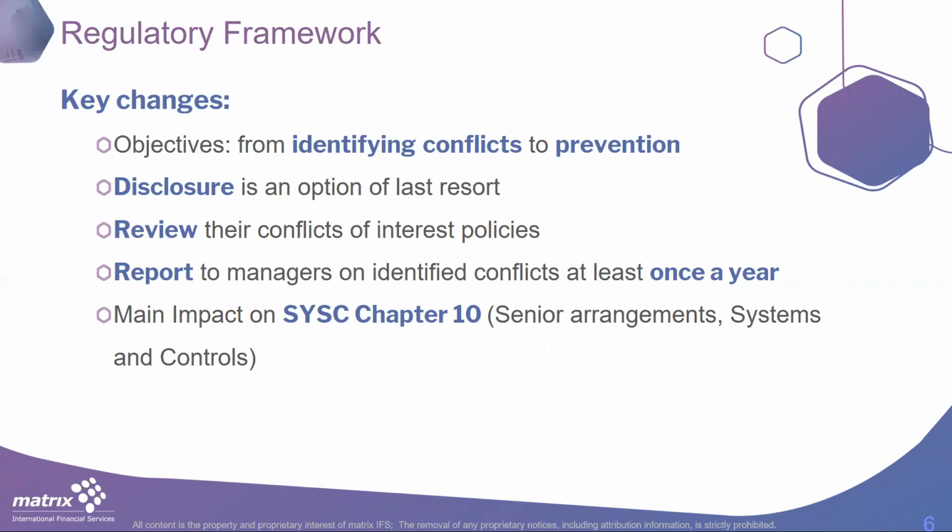Also, there is a senior arrangement systems and controls regulation that obviously mandates that you will have sufficient controls in place to make sure that the deal went through with all the checks that were relevant to that deal.